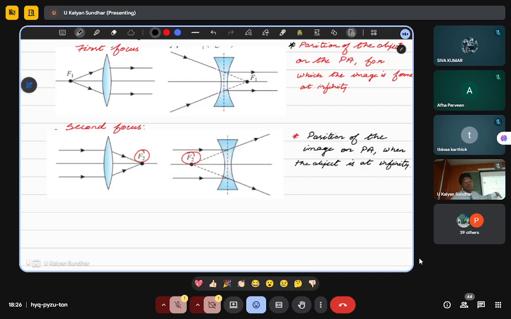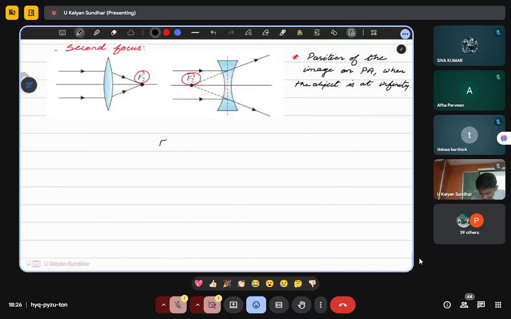So always your f2 will be remaining as the primary focus. Understood? So f2 is being considered as the principal focus of the lens.